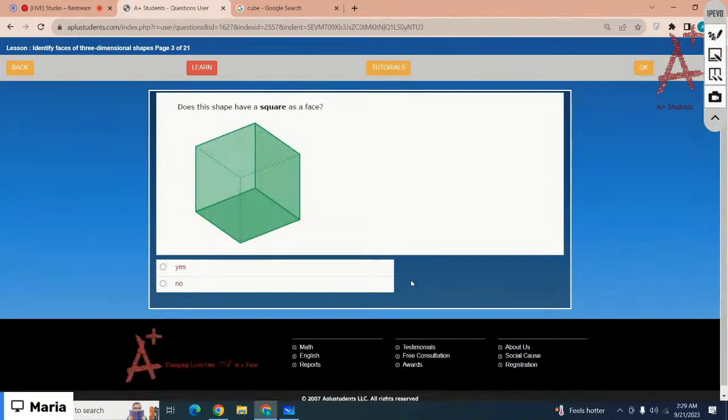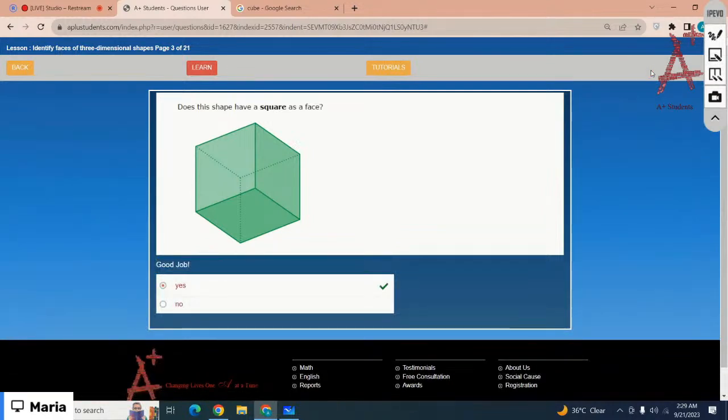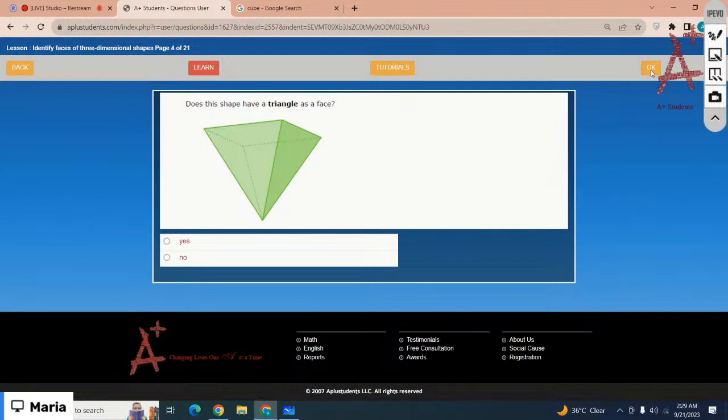Does this shape have a square as a face? Which is the correct option? The correct option is yes, the shape has a square as a face. Does this shape have a triangle as a face?